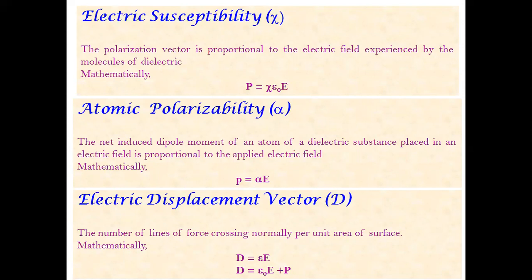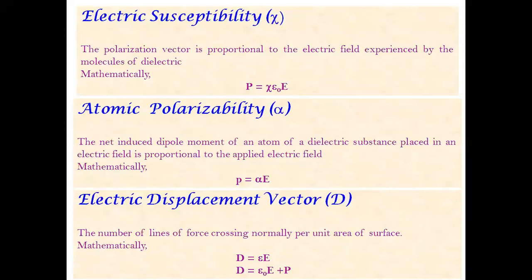So, the polarization density vector is proportional to the electric field. Mathematically, the polarization vector is equal to electric susceptibility into permittivity of free space into electric field. This is the mathematical expression of the electric susceptibility, which depends on the polarization vector as well as the electric field.